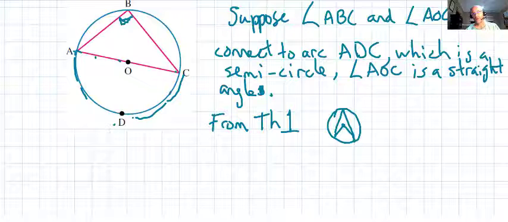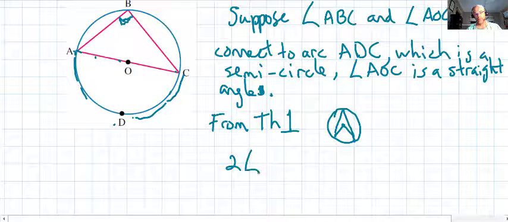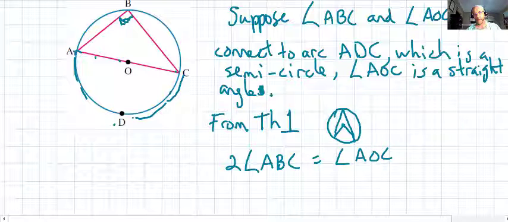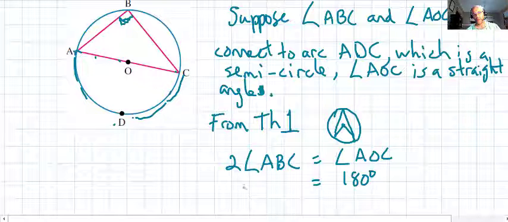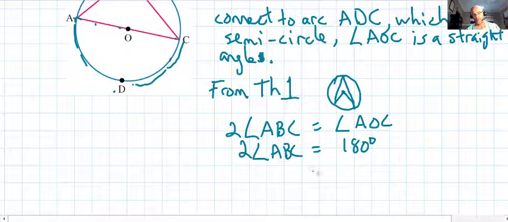Okay, now again from theorem number 1, we'll have 2 times the angle ABC will have to equal angle AOC. Now AOC is 180 degrees as we just established, so 2 times this angle ABC must be 180 degrees.